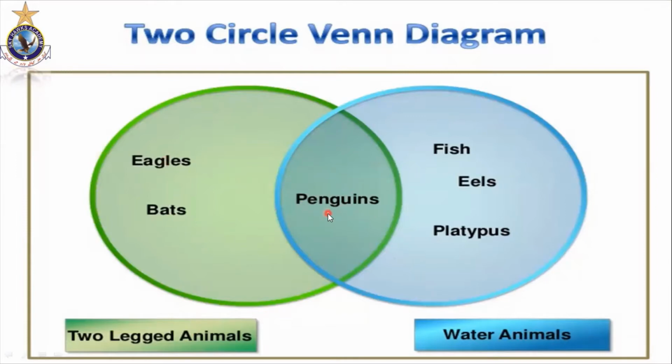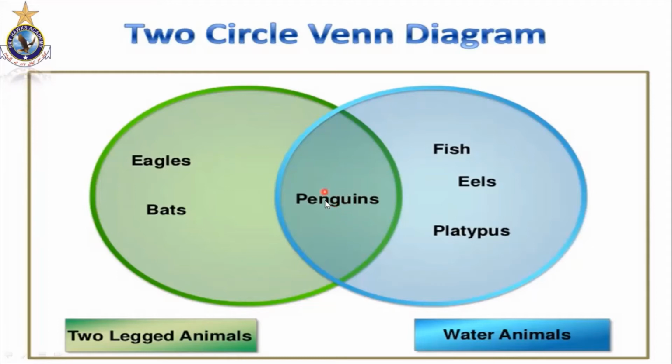Penguins are two-legged animals, and these are the water animals. These also have two legs, but they are living in the water, like penguins. It is a general observation that they eat fish and are all the time near the seas, deep waters, lakes, and so many places.